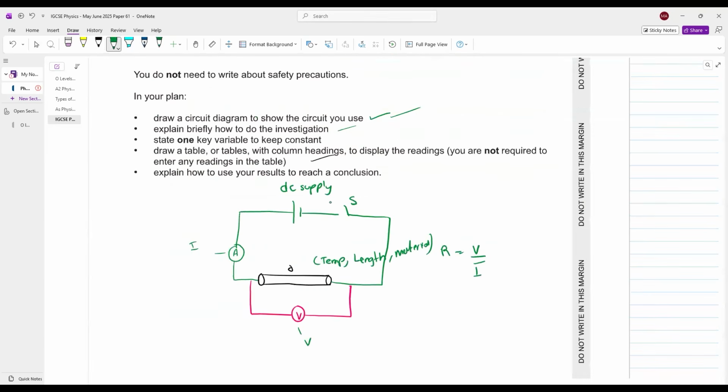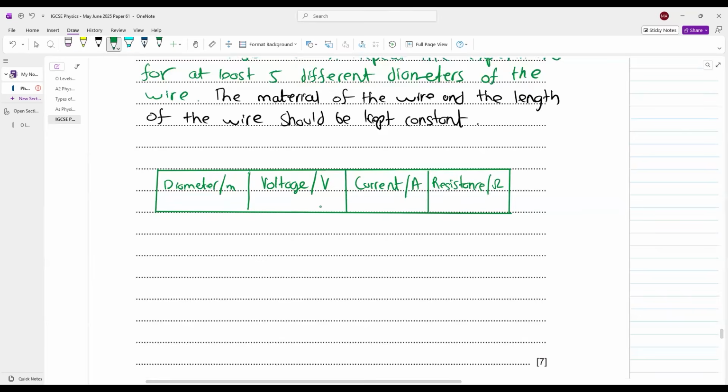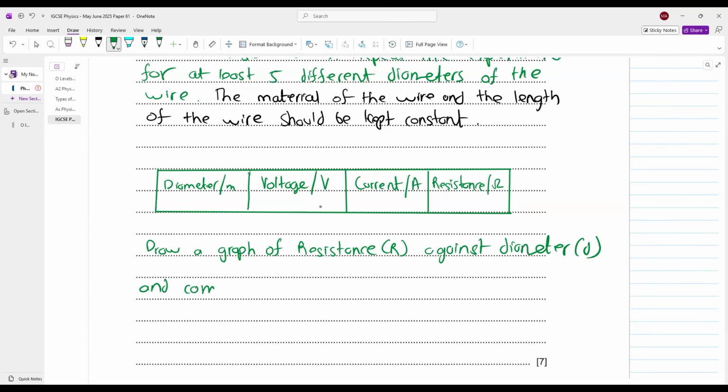Lastly क्या है? Conclusion देना है. How do we give a conclusion? Draw a graph of resistance against diameter d and compare the results to see if diameter affects resistance.